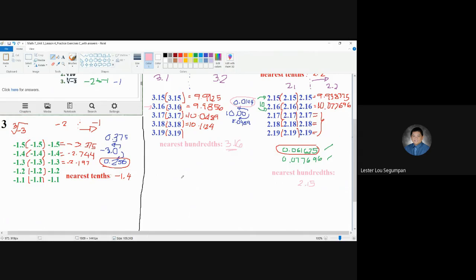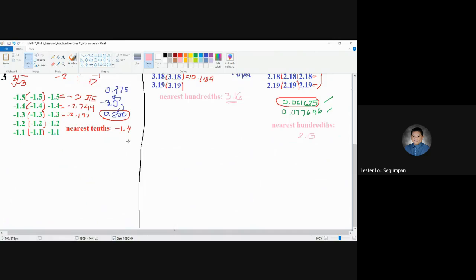Okay, so we only have our last item here. So probably this will be removed because it doesn't reach here. Let me place it here, just like your usual notebooks if you have at home. Like simply place boundaries. Now, again, it's closer to 1.4 for number 3, or negative 1.4 rather. But it's actually between the two numbers, negative 1.5 and negative 1.4.